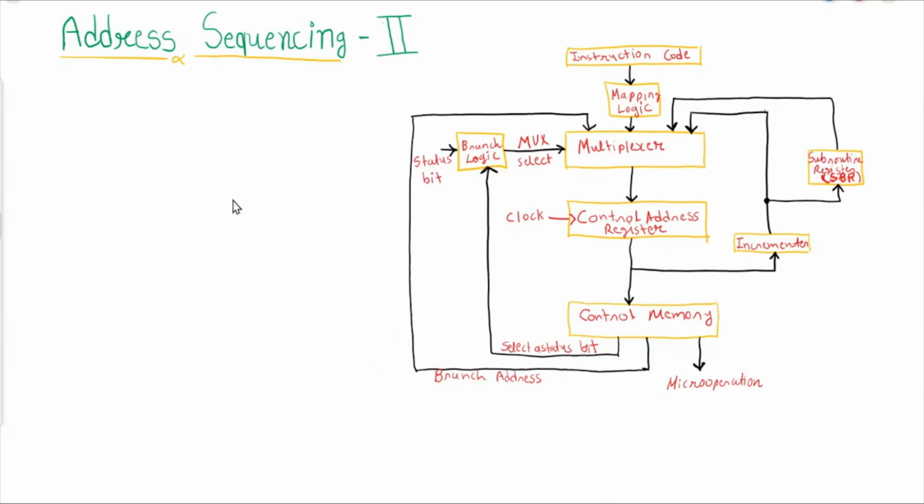So we will start with the status bit. What is the meaning of this? It focuses on the various flags of the CPU, like the interrupt enable flag, the carry flag, zero flag, sign flag, then the overflow flag.